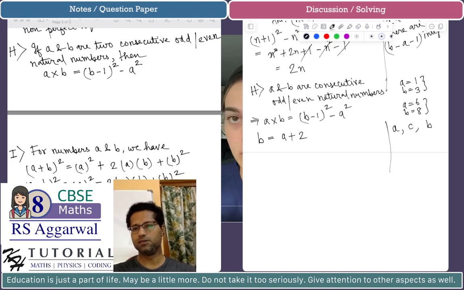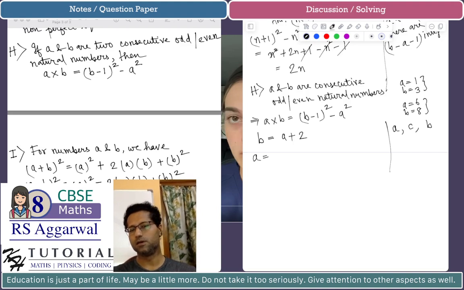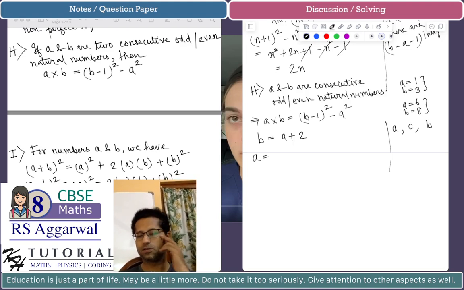Irrespective of whether a and b are odd natural numbers or even natural numbers, there will be exactly one natural number between a and b.